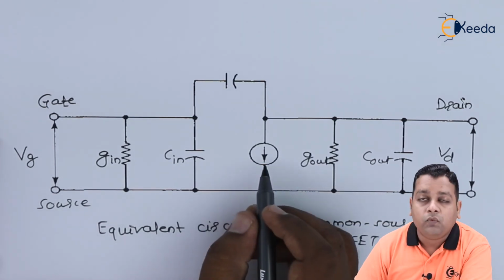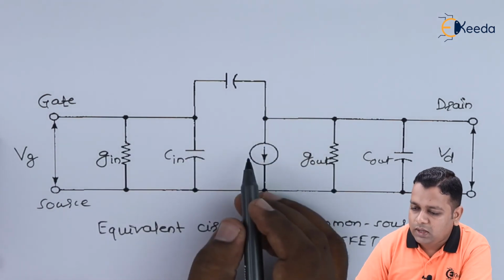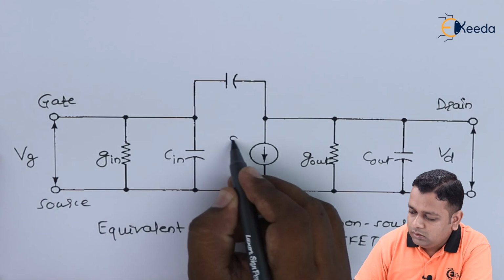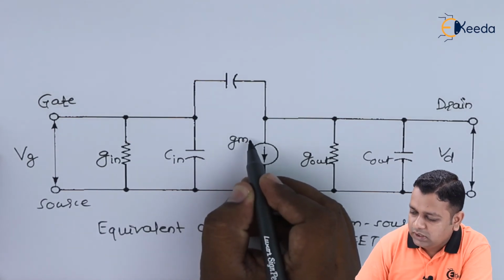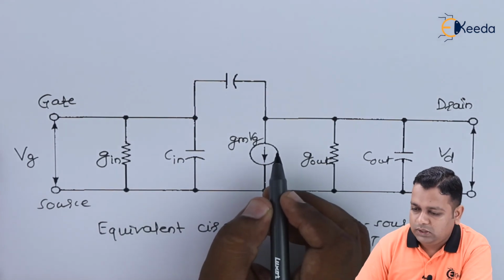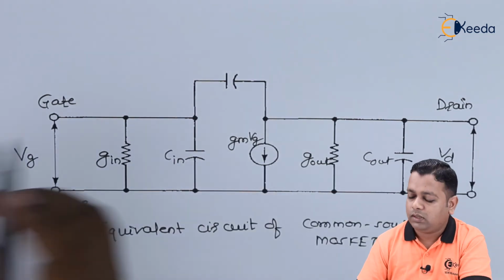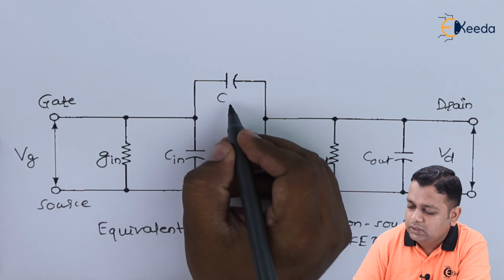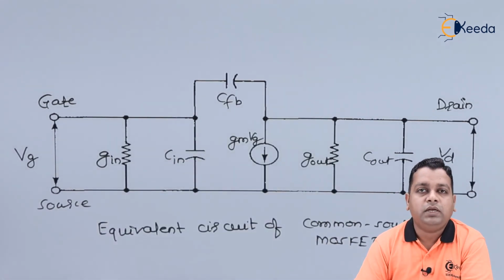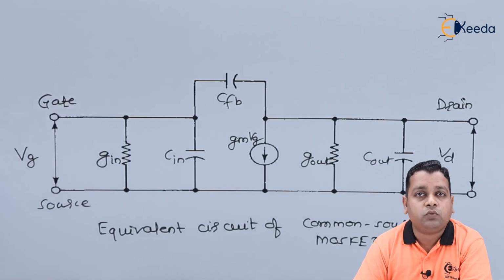Whereas inside we have the representation of the source G suffix M into V suffix G corresponding to the gate voltage here. Whereas the capacitance we can represent C suffix F B here. The meanings of the various components involved into the equivalent circuitry of the device we can express one by one.